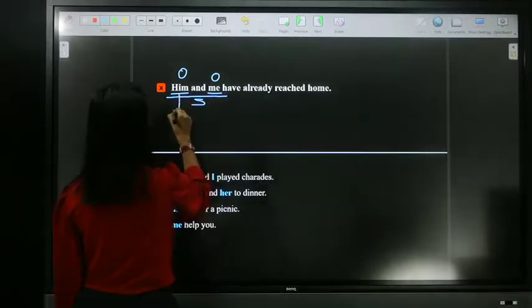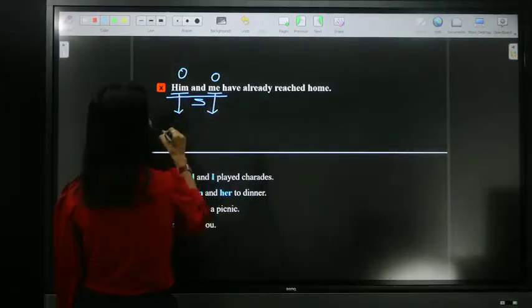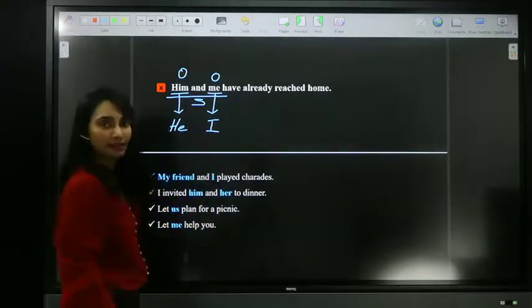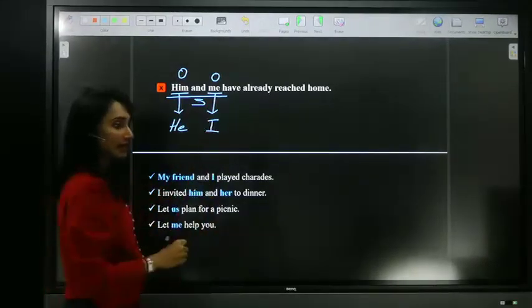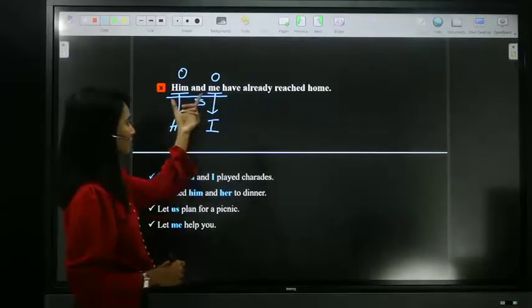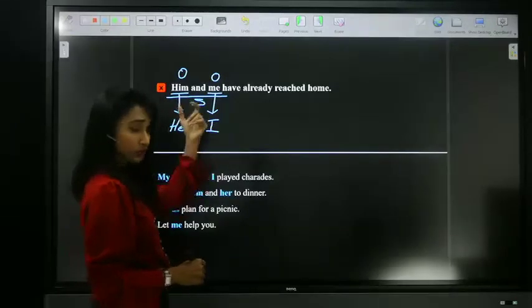So we require subjective case pronouns, hence it should be he and I. He and I have already reached home, because in subjective case we require subjective pronouns, not objective pronouns.